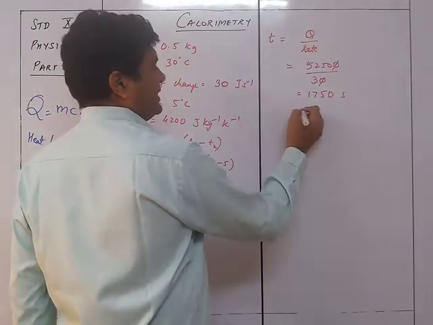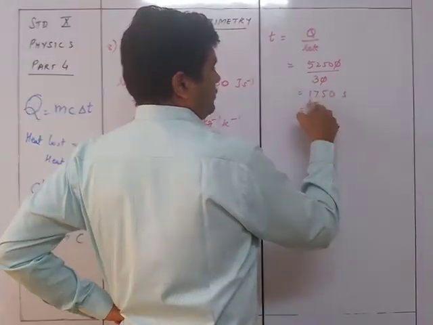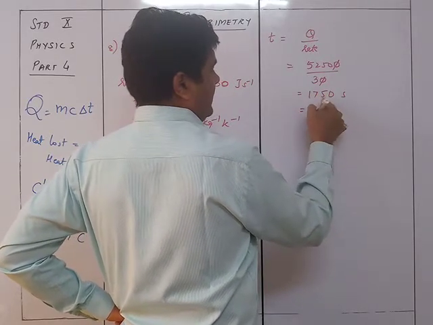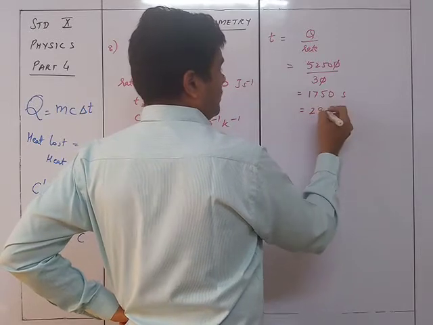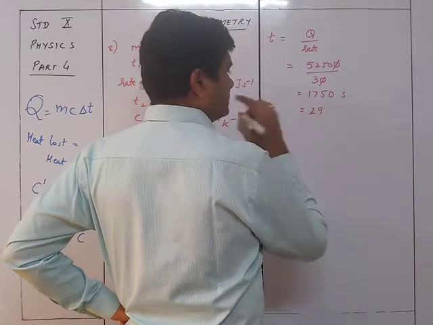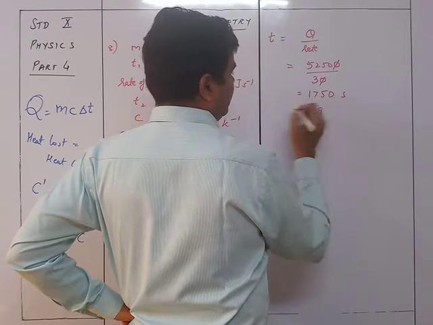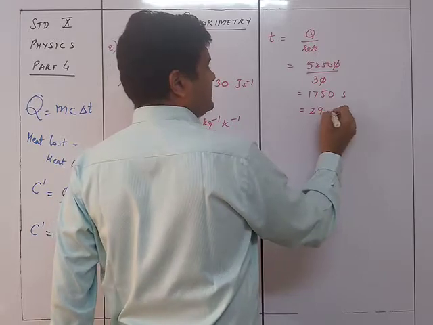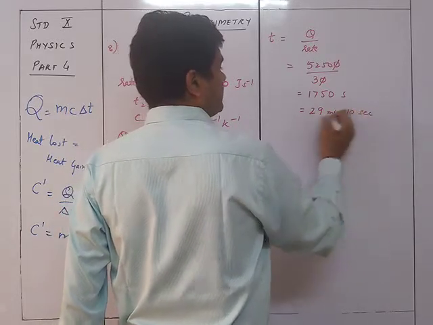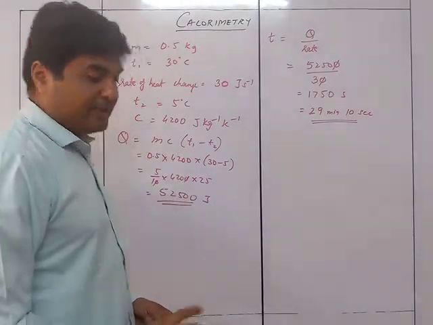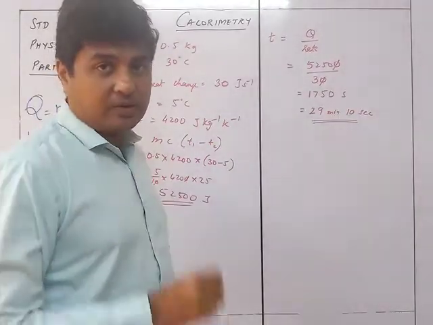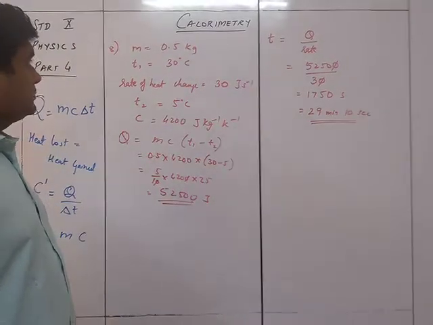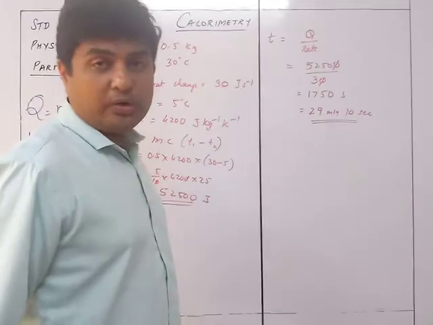If we convert into minutes, it will be 29 minutes and then 10 seconds. So 29 minutes and 10 seconds will be the answer for this particular question. Clear? Sum number 8. We now move on to sum number 9.